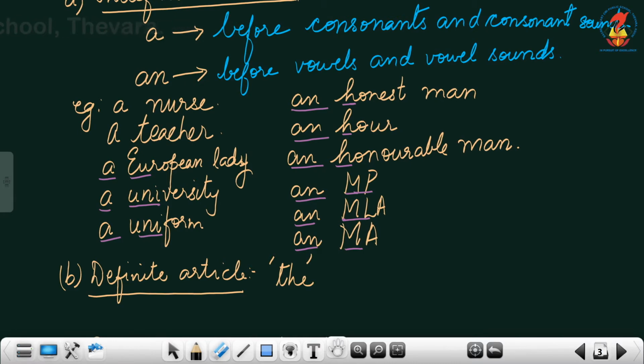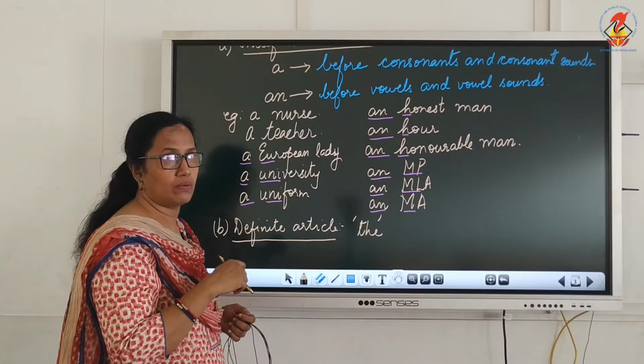Then now, European lady. Here, if you look at the spelling, it starts with an E, and E, as you know, happens to be a vowel. So you might say no, an should come there. No, but see, when you say the word, what is the sound that you get? You get a U sound, isn't it?